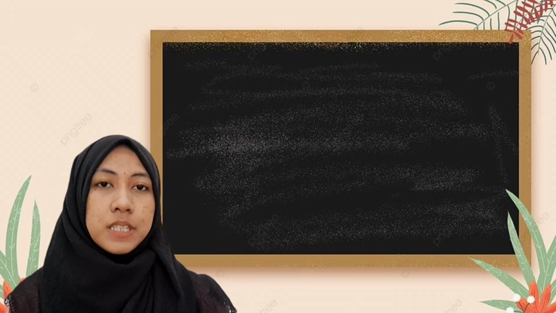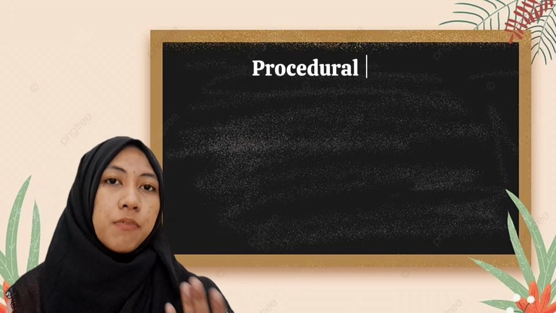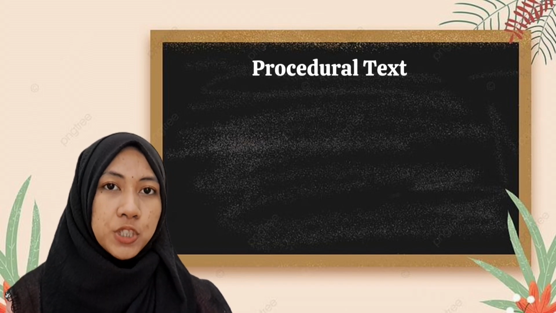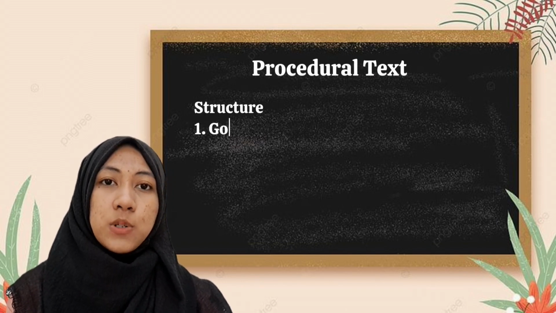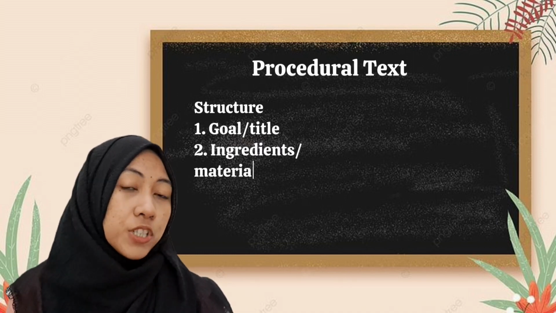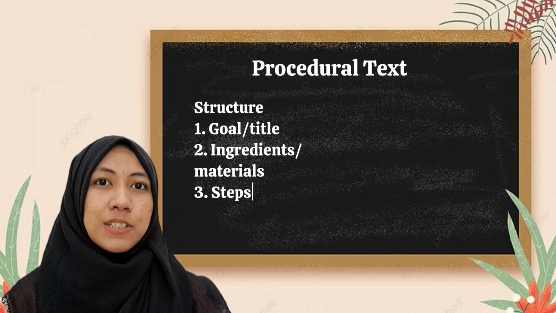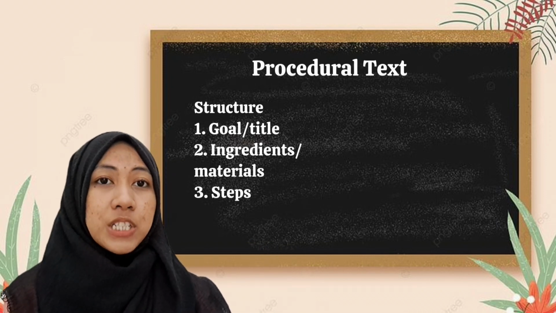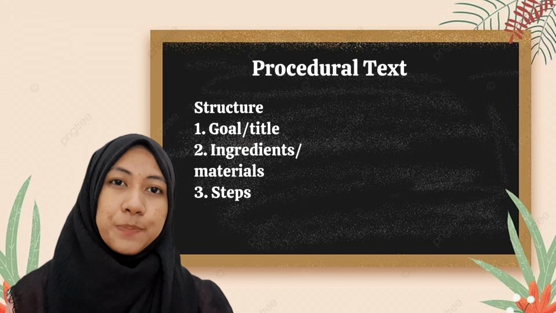Procedural text gives step-by-step instructions for performing a task or process. So for the general instruction, the first is goal. The goal or aim of the procedural text is usually in the title, like how to make cookies, how to clean stickers, and other examples.